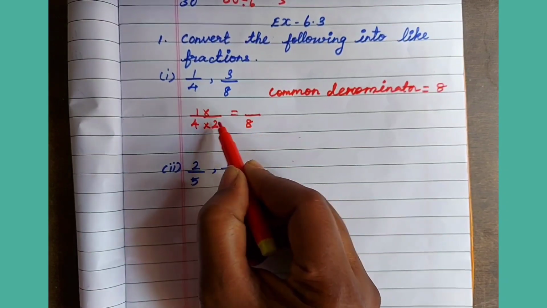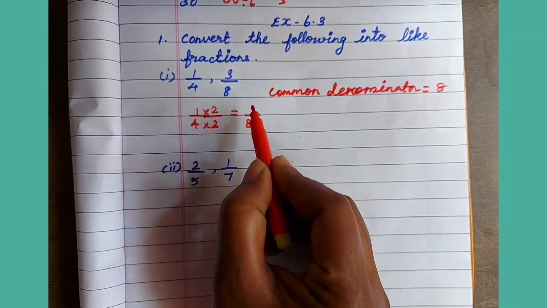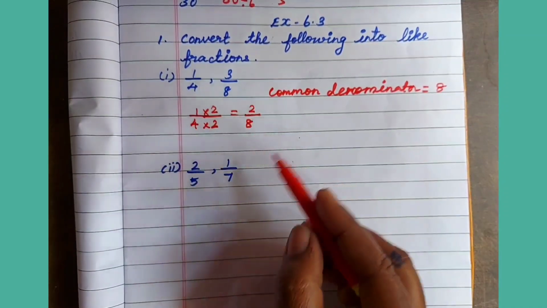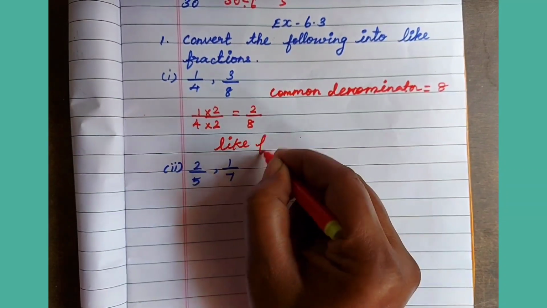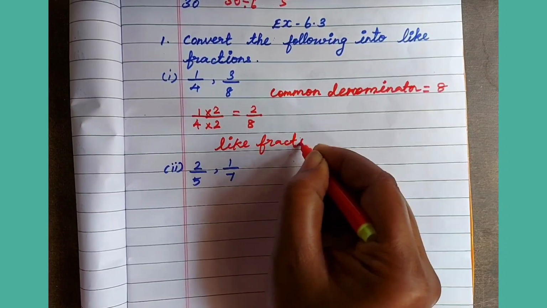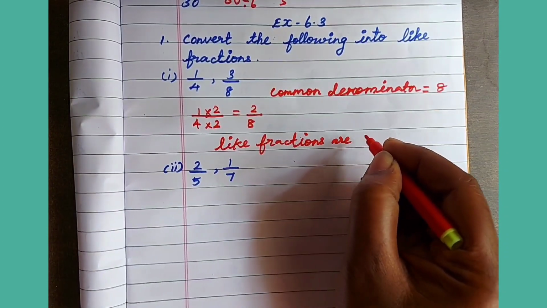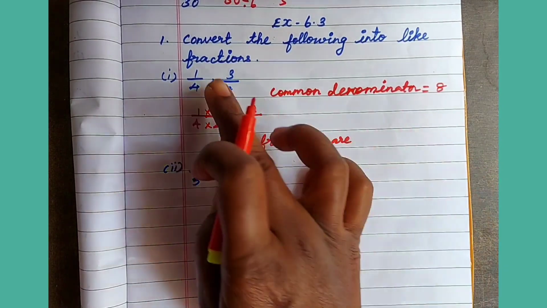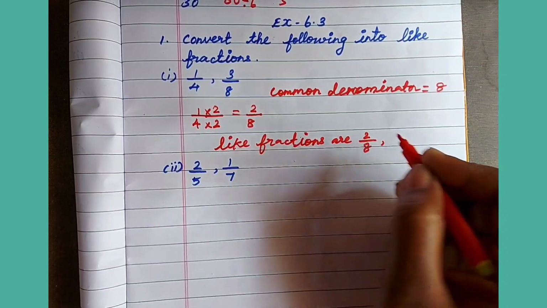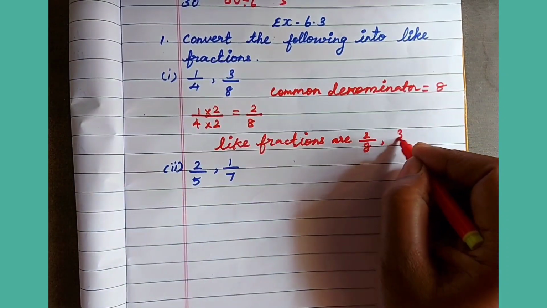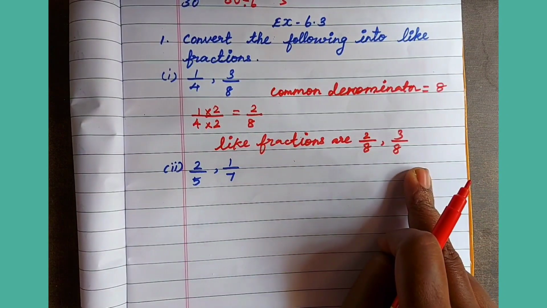In the same way, multiply the numerator by 2, 1 2s are 2. So the like fractions are 2 by 8 and 3 by 8. The same denominator is there, so these are like fractions.